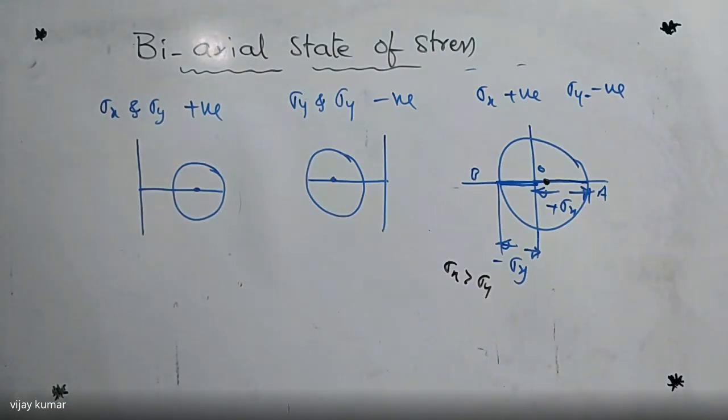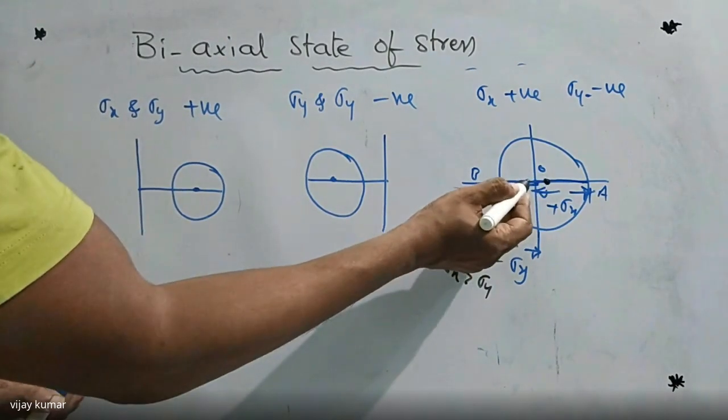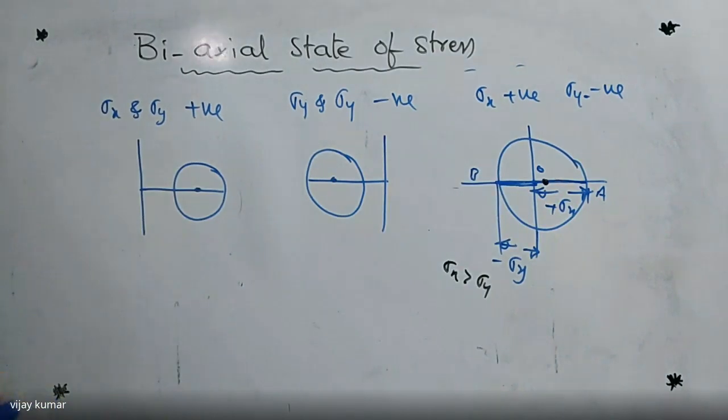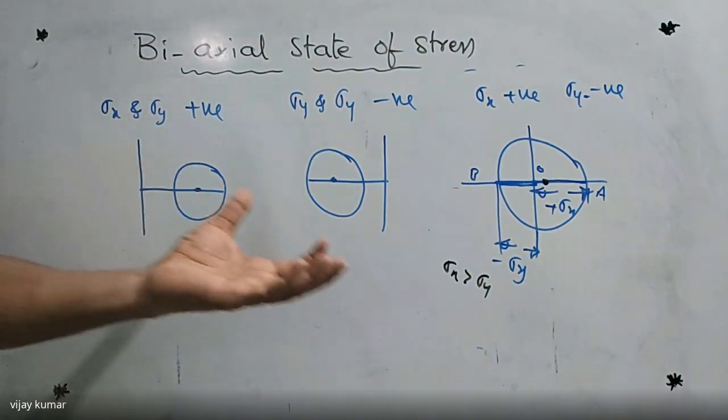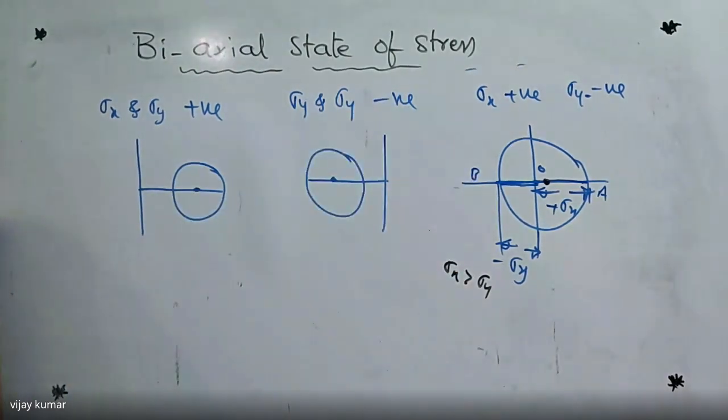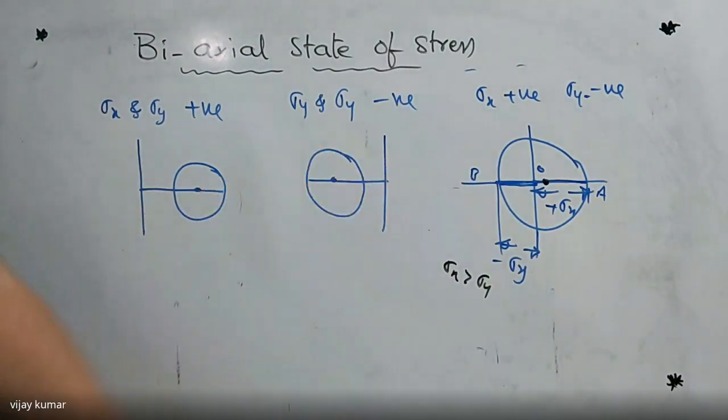If sigma y is greater than sigma x, then the center will lie at this point. Got the point or not? I will give more explanation when solving the problem, when they give the sigma x value and sigma y value, and how to draw the Mohr circle diagram. So this is the case of the biaxial state of stress, how to draw the Mohr circle diagram.